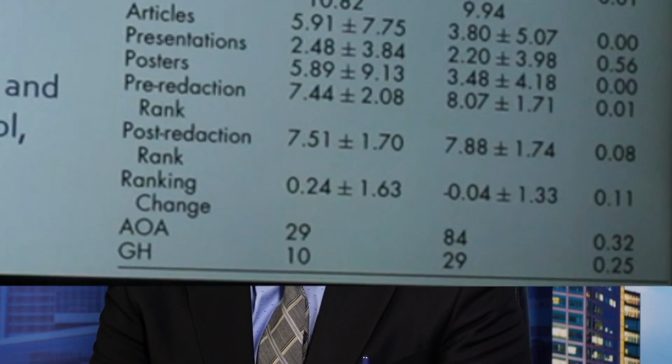But in this instance, the race of the applicant and the photo were redacted. So, in other words, these faculty were reviewing applications they'd already reviewed a year ago, but they couldn't see the applicant because the photo was taken away, and any reference to race was taken away.